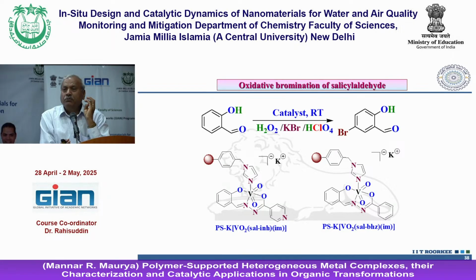So vanadium can be used as a model system for haloperoxidase activity, where KBr in the presence of H2O2 and acid can do the bromination. Okay, you remember the Br minus is going to Br plus and then attacking and brominating the product. Okay, so the reaction worked out very nicely.